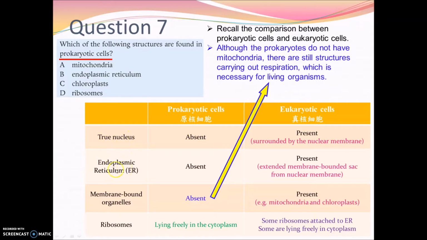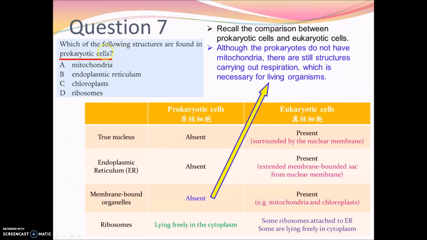And the second step is that if they have the nuclear membrane, there will be an extended membrane-bounded sac to form the ER, the endoplasmic reticulum. So for the eukaryotic cells, because they have the true nucleus, they also have the endoplasmic reticulum. These two structures are absent in prokaryotic cells.